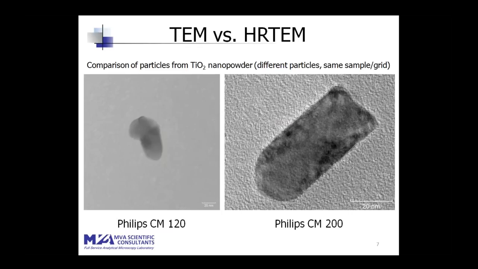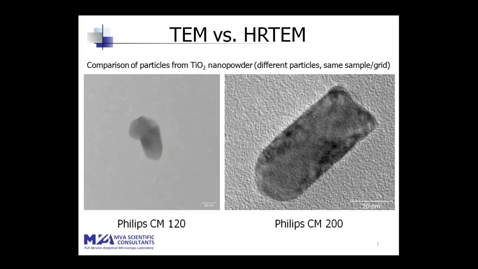And here's a comparison of a TiO2 nanopowder particle. These are two different particles actually, but they're from the same sample and located on the same grid, so I just took it out of the 200, placed it into the 120, and took an image of a similarly sized TiO2 particle, just to give you an idea of how these images can vary in terms of quality.